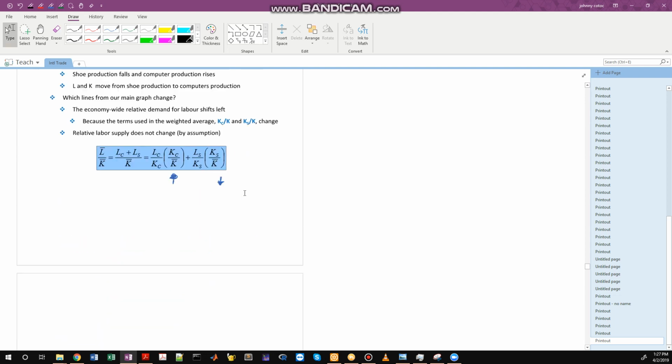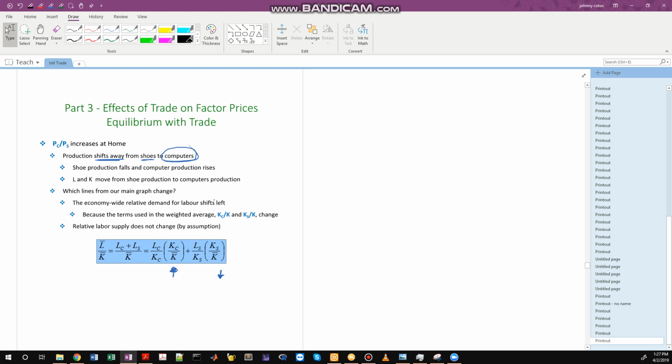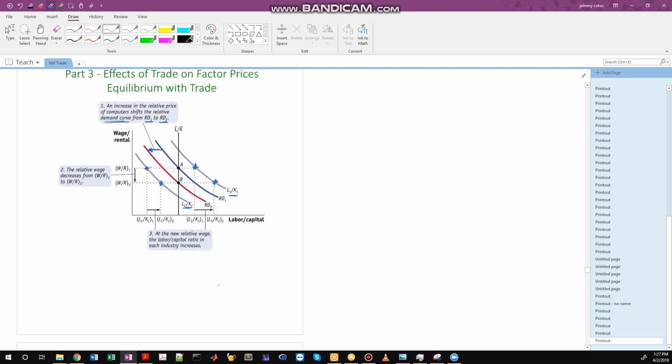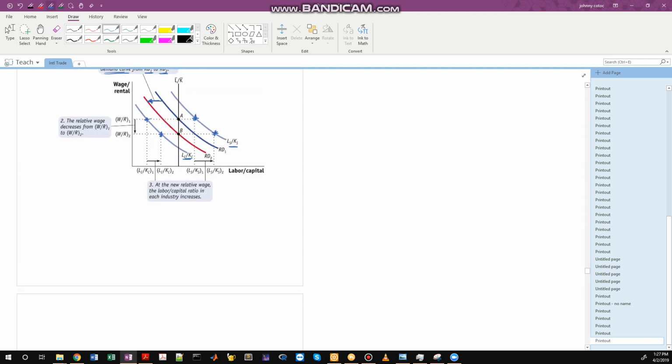So going back to these terms, this is what's really important. Because this term went up and this term went down, and this middle line is a weighted average of the two lines, now there's more weight on this first line, less weight on the second line.